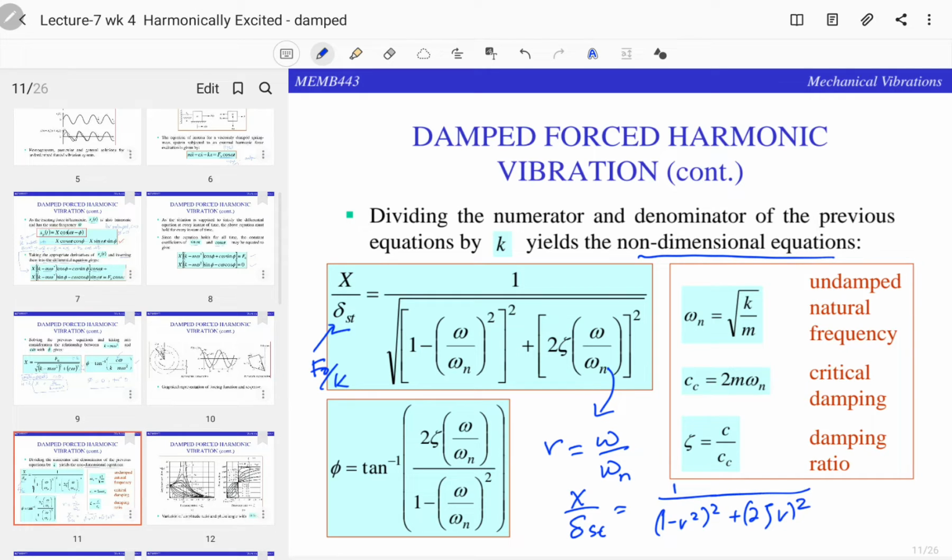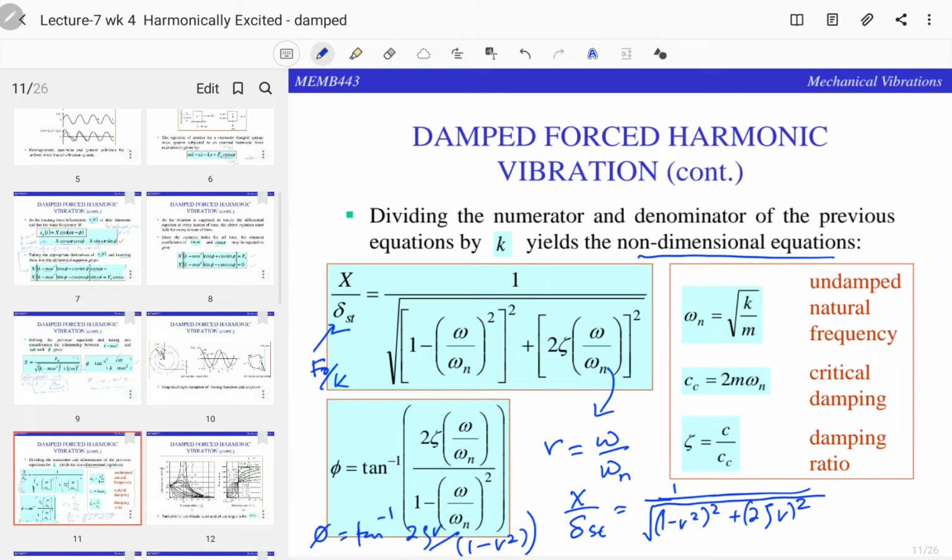It'll be easier if we define omega over omega n as r. The same is quite similar for phi: you just have tangent inverse of 2 zeta r divided by 1 minus r squared.